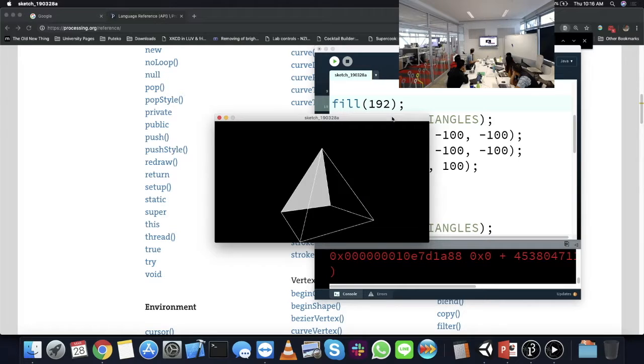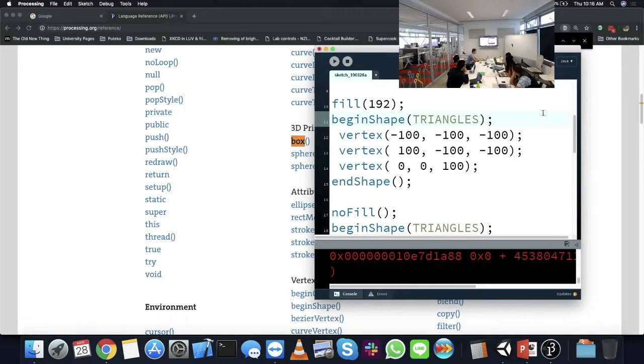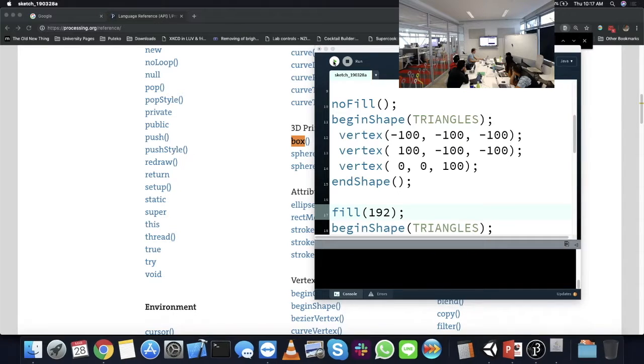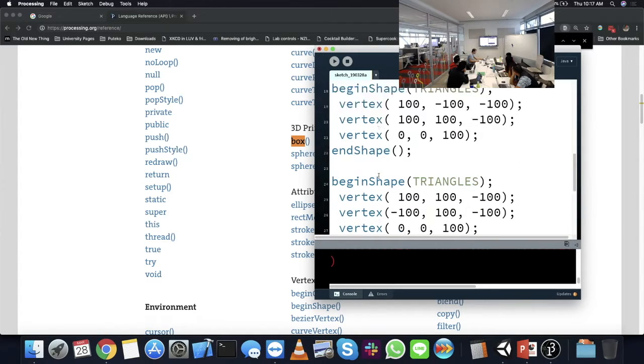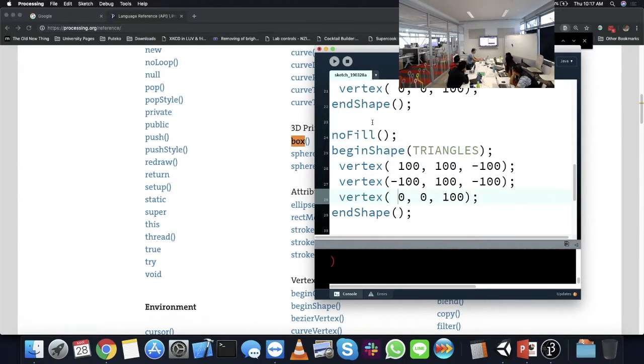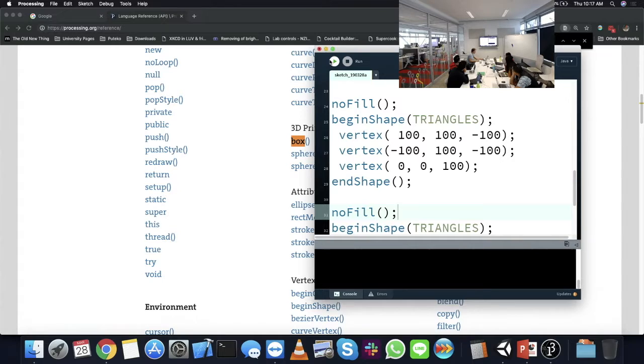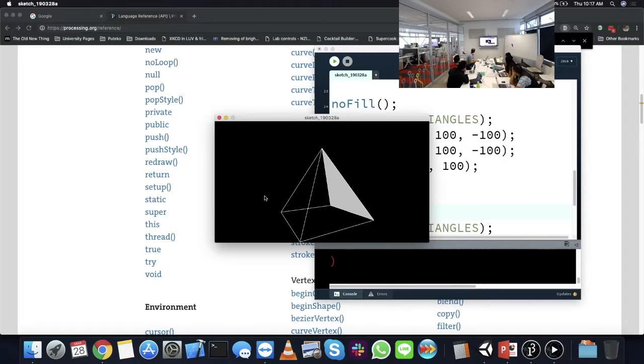So this first triangle here is that one at the back. The second one, need to put no fills on all of these. The second one is the one on the right hand side.